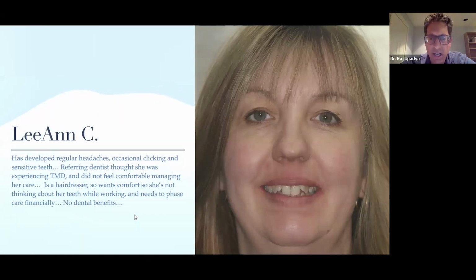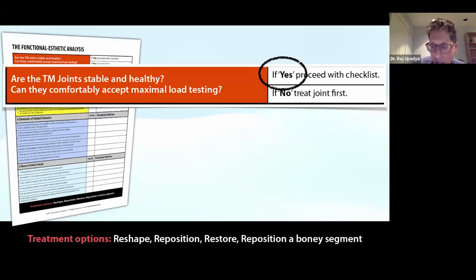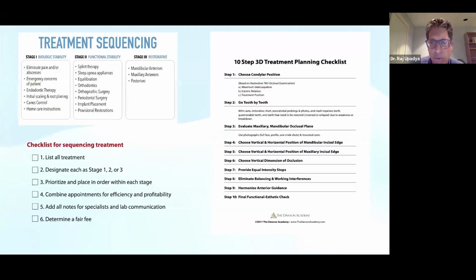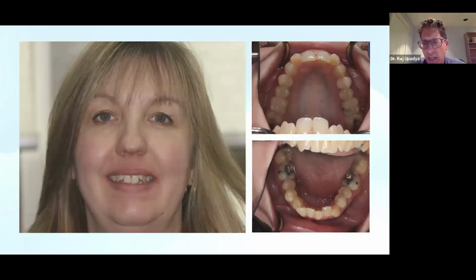So then we started discussing, all right, what are potential options? I did a complete exam and records on her, and came up with an option. Well, at this point, the joint is healthy. We weren't sure in the very beginning, but look at these arch forms and look at the teeth out of place. She said that it had changed. She had orthodontics as a child.